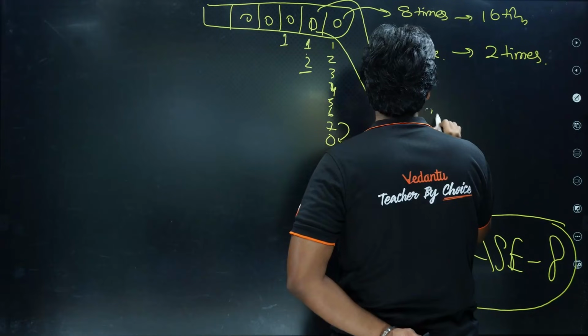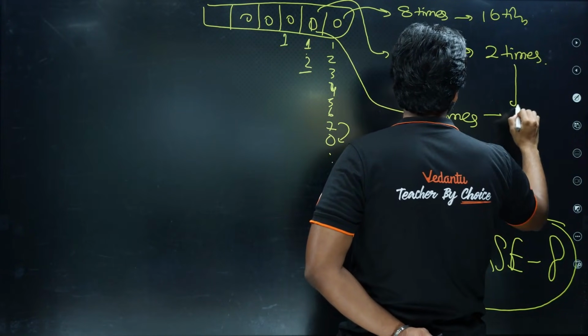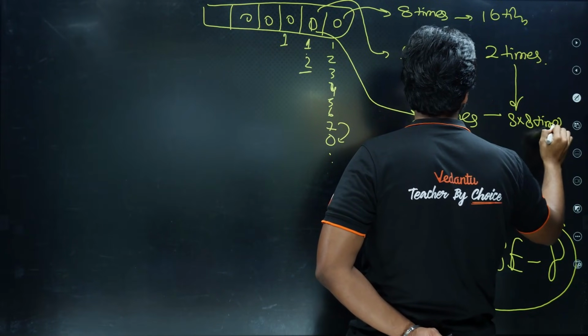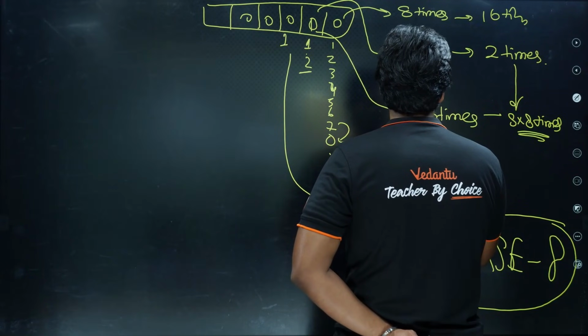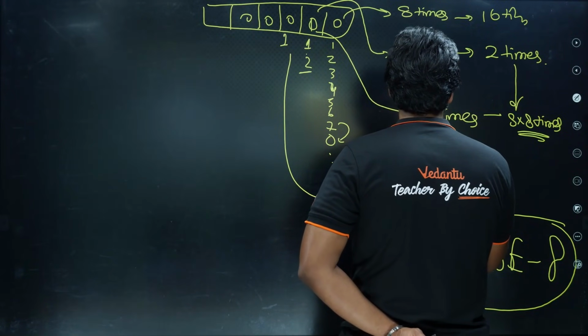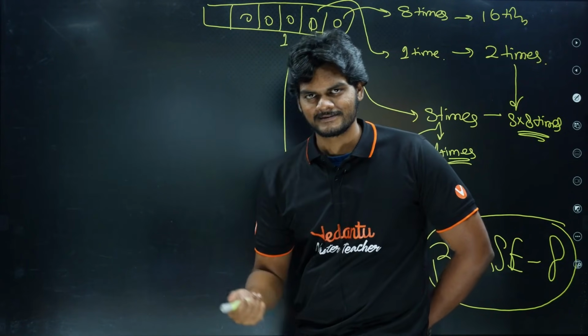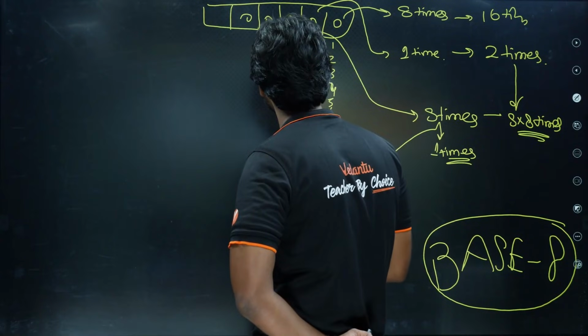When does this revolve 8 times? This has to revolve 8 into 8 times. So this will revolve 1 time. So we cannot call it the hundreds place now, can we? You cannot call it the hundreds place.